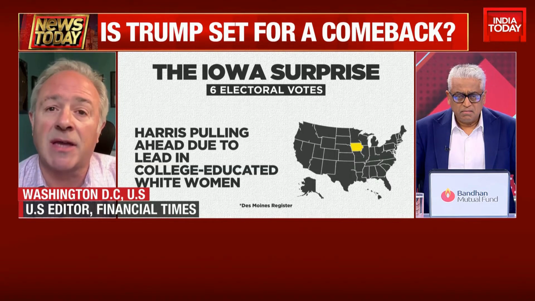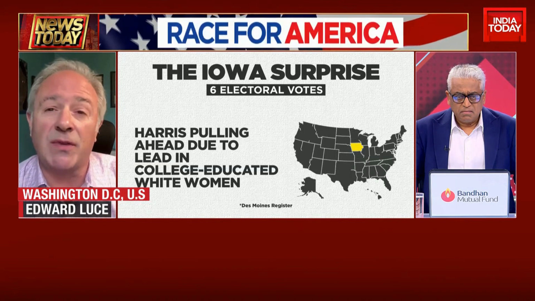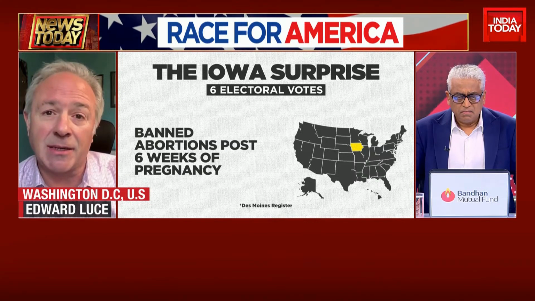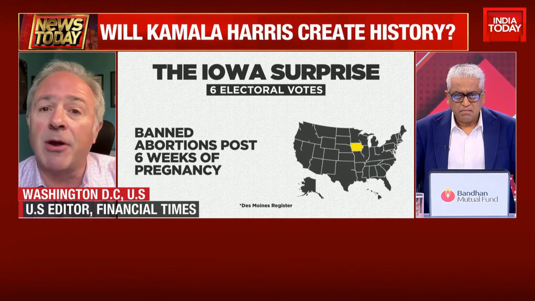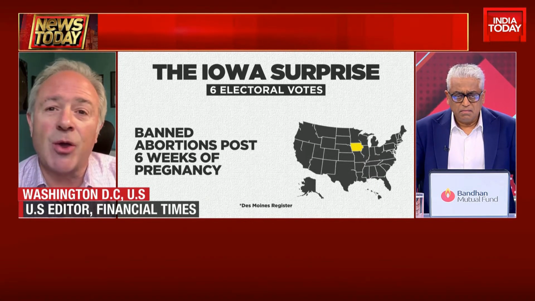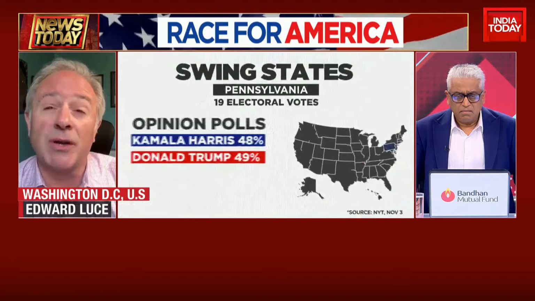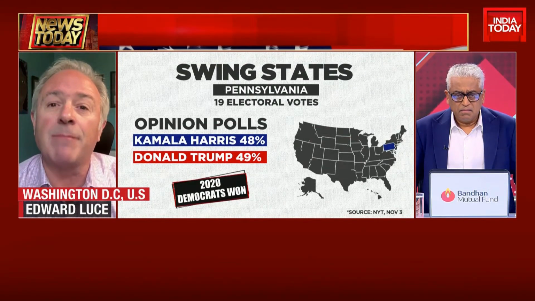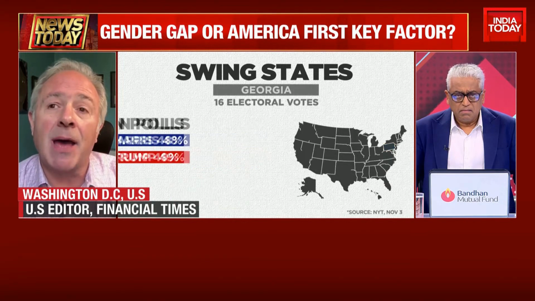But then on the other side of things, why you see Trump ahead perhaps in Arizona is that it's a border state, and a lot of illegal immigration does come through Arizona. So even though there is an abortion referendum on the ballot in Arizona as well, I think because it's a border state, that might outweigh it.